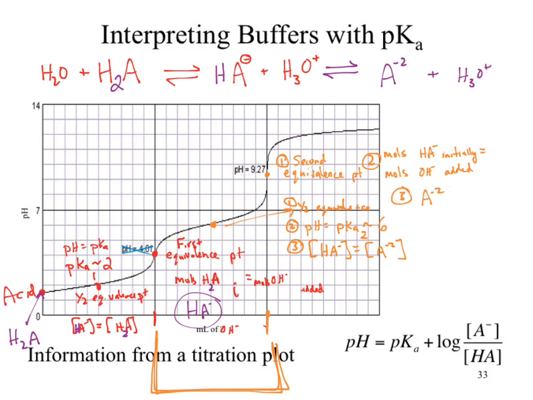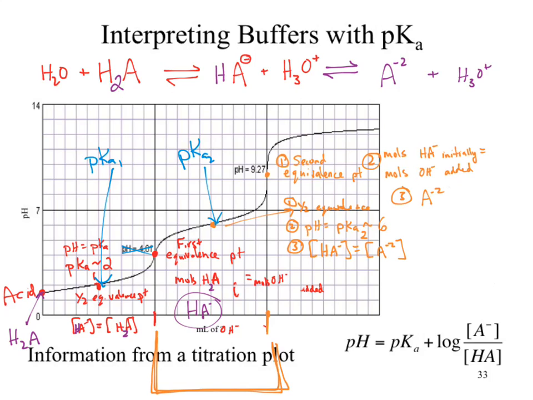So if you looked at a curve, what you would do is immediately zoom in or change your focus to the half equivalence points. Because what's happening at those points? I know something about my acid. I know pKa1 and I know pKa2. That gives me some interpretation.